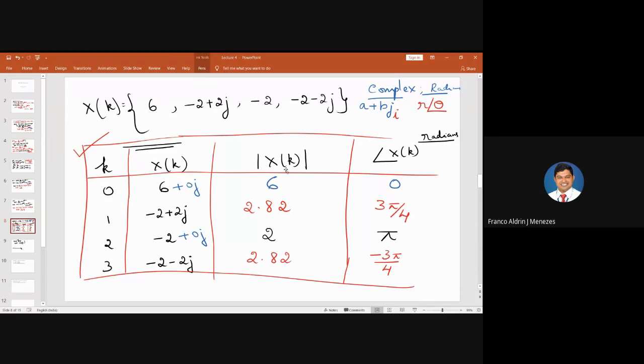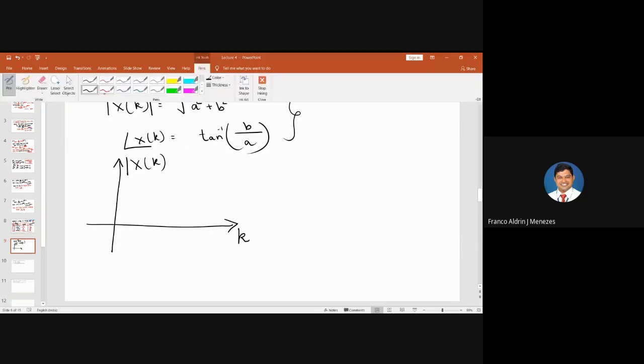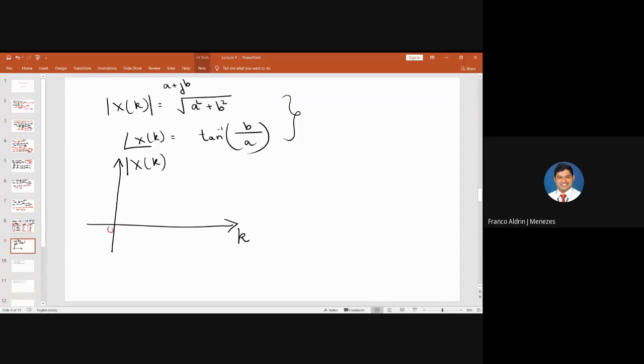For the first part, we have to plot magnitude of X of k on the y-axis, and we will write the values of k. k has 4 samples: 0, 1, 2 and 3.